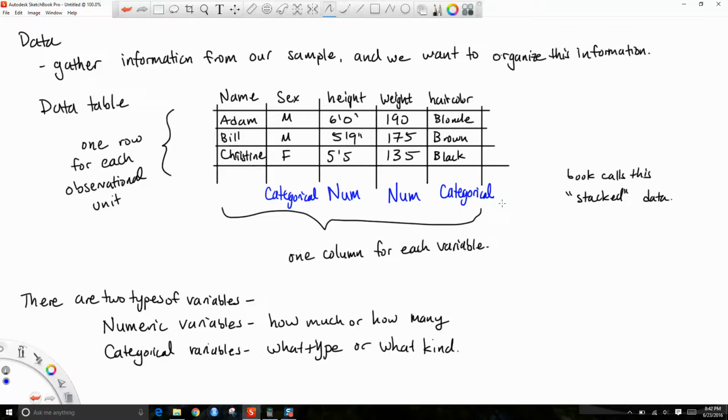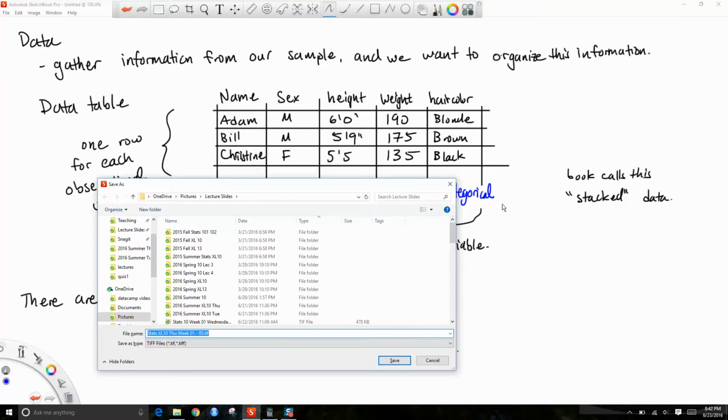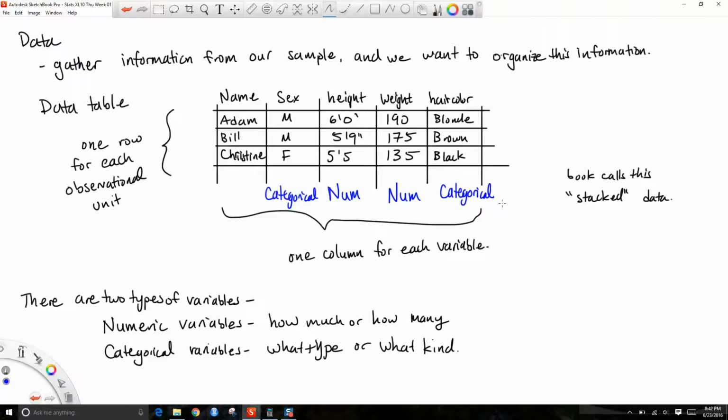Okay. So far, so good? Yeah, all right. What if we had area code? We said, what is the area code? Is that numeric or is that categorical?